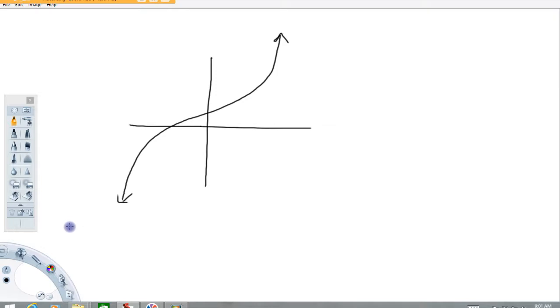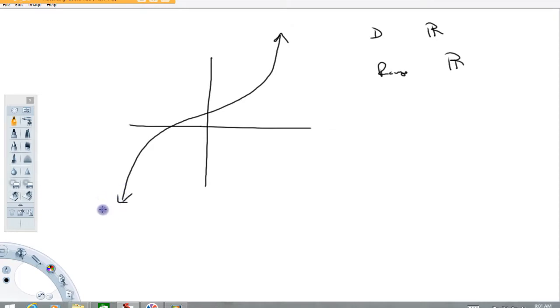This function, based on what I'm seeing here, is defined everywhere, to the left and the right. So the domain of this function is all real numbers, and the range is also all real numbers, because this function's getting infinitely big this way, and infinitely big this way in a negative sense.